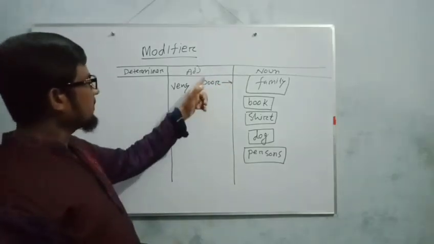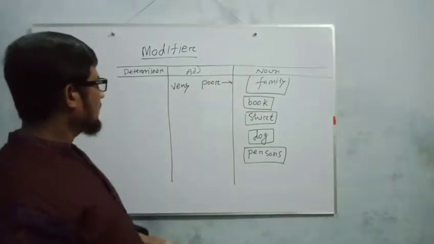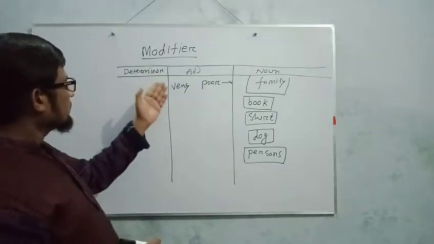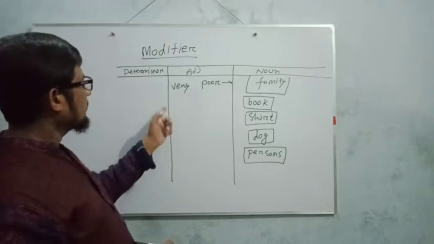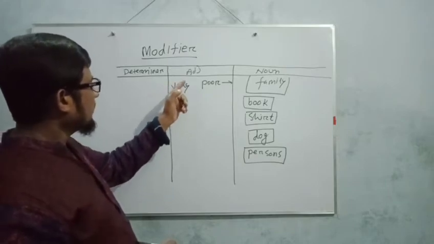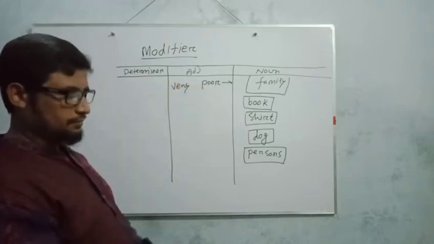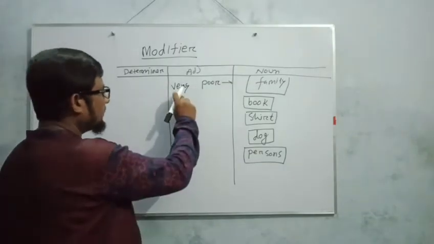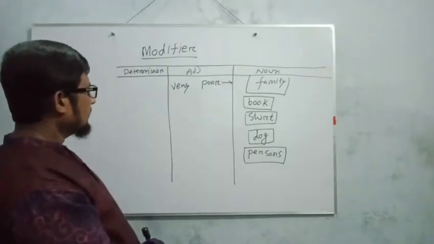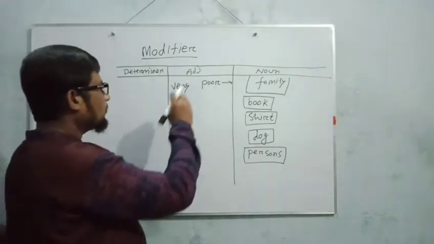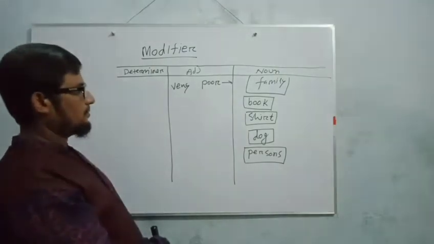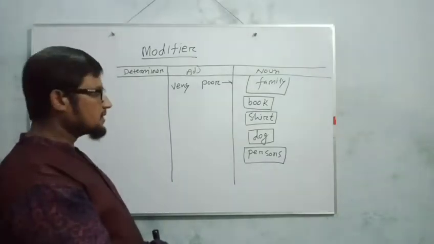Actually, poor is a modifier of family, and now very is also a modifier, but very is a modifier of poor, because very here increases the degree of poor. How much poor?